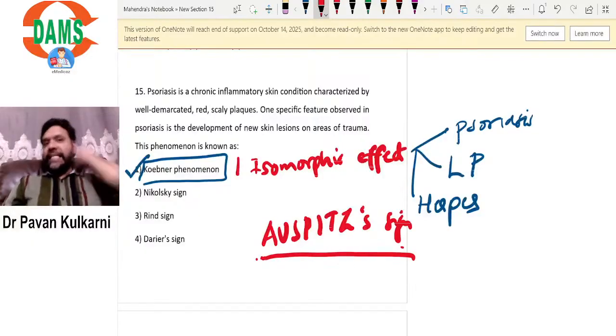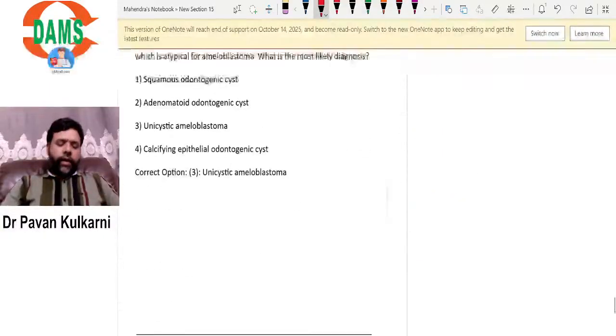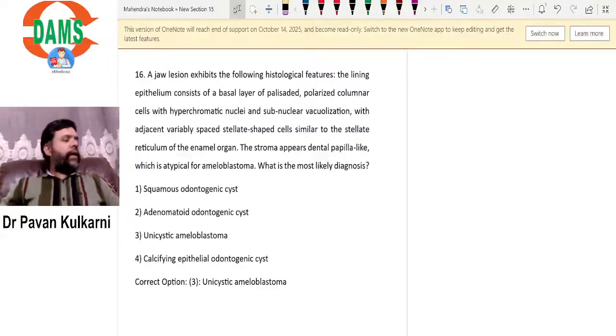That clinical sign of pinpoint bleeding spots on scraping the plaque is known as Auspitz sign. So the two important findings to remember are Auspitz sign, the clinical sign, and Koebner's phenomenon, the isomorphic effect. Let us move on to the last question for the discussion today.